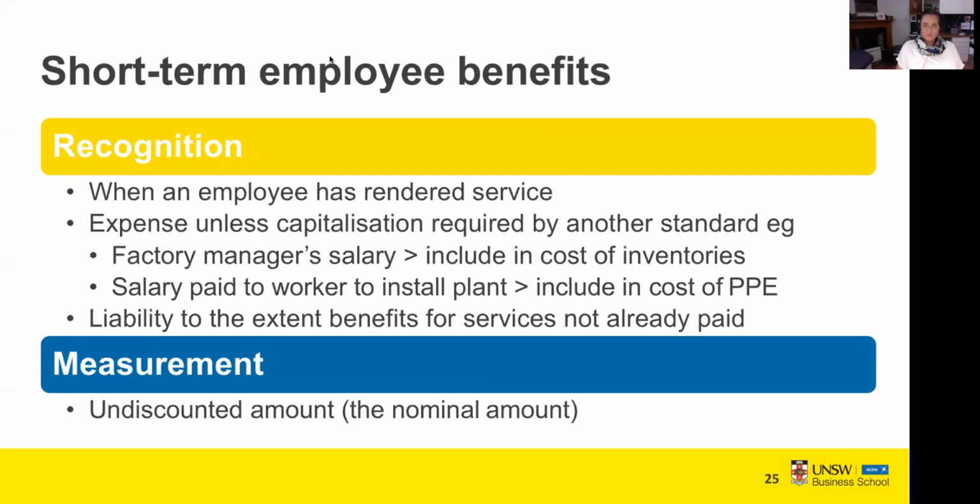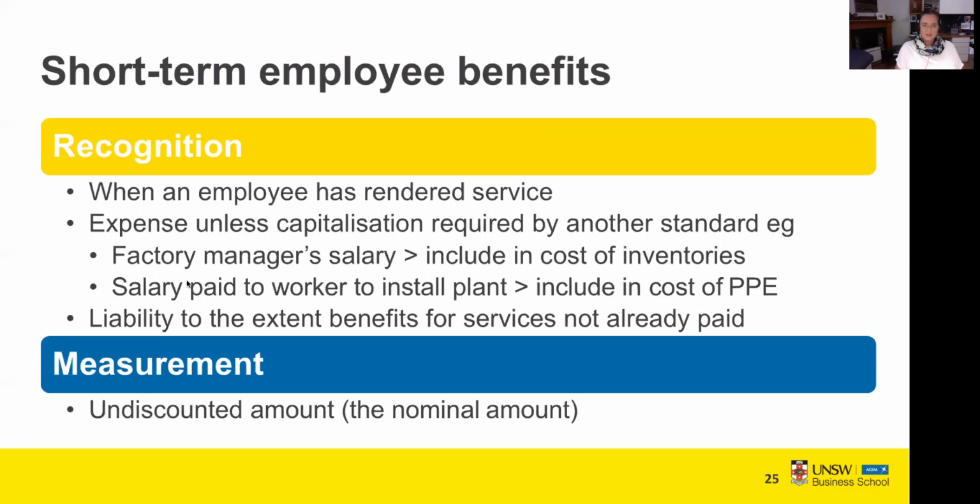And the general rule is that these will give rise to an expense, for example, salaries and wages expense. So the general rule is that short-term employee benefits result in the recognition of an expense unless capitalisation is required under another accounting standard.